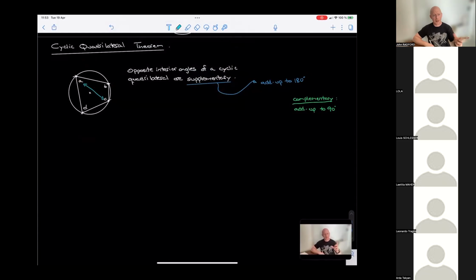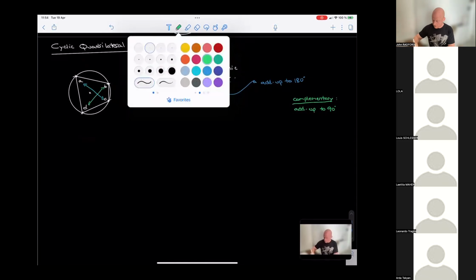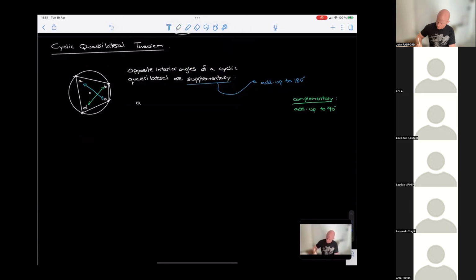So A plus C have to add up to 180, or B plus D have to add up to 180, okay, period. That's the theorem. So here I can say, therefore, A plus C has to equal 180 degrees, and B plus D has to add up to 180 degrees.